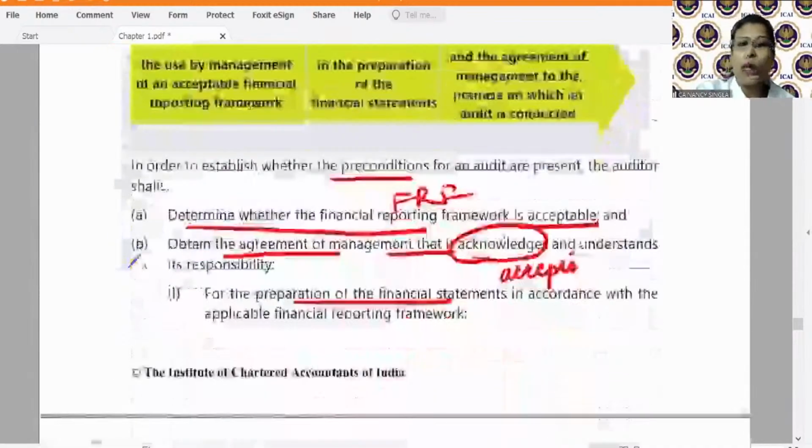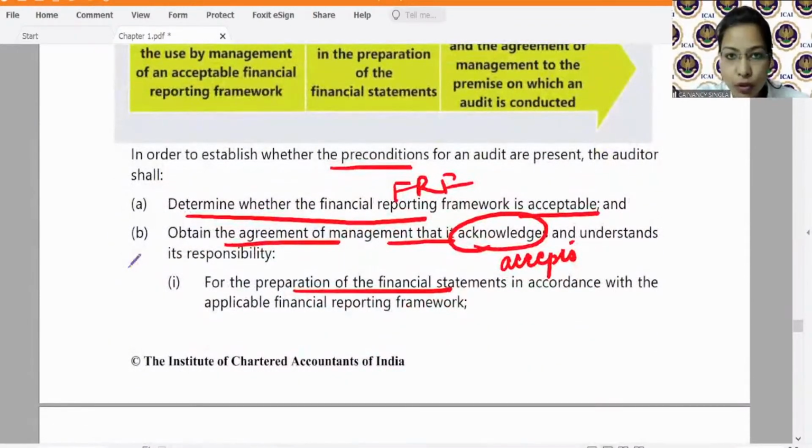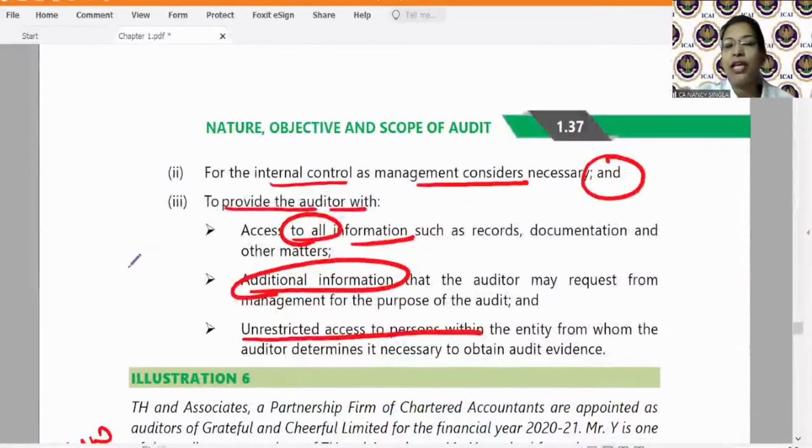Auditor will determine whether the FRF is acceptable or not, है ना, and obtain an agreement that management acknowledges and understands its responsibility for preparation of financial statements as per FRF, internal control as management considers necessary, and to provide the auditor all the information, access to all information, additional information, and unrestricted access to persons within the entity.